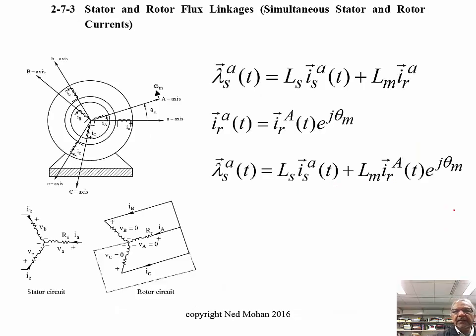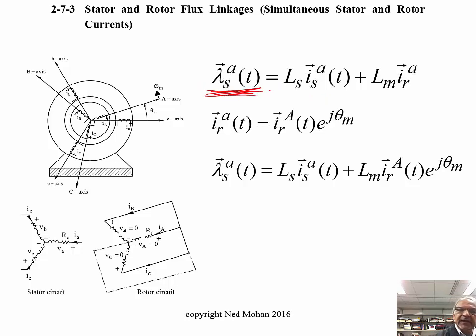All right, so now what happens when we have simultaneous excitation both in stator and rotor? This machine is really no good if excitation is only in one and not in the other. So let's take a look. If you look at the flux linkage for the stator, we haven't seen this before.